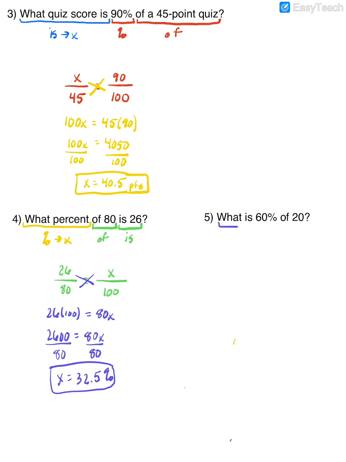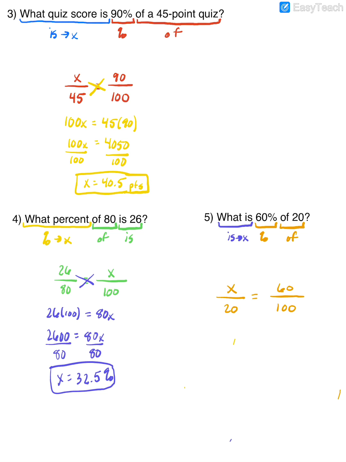so what is, so there's your is, I don't know what it is, it's a variable. Then 60%, so there's your percent, of 20, so there's your of. So is on the top there. I don't know what it is, so I'll use a variable. So x divided by the of, which is 20, equals 60, which is the percent, divided by 100.